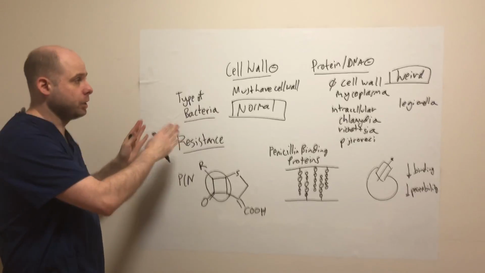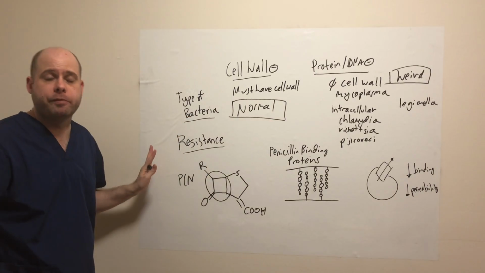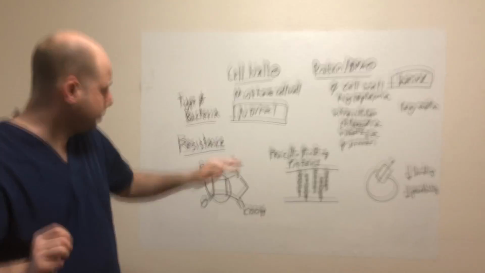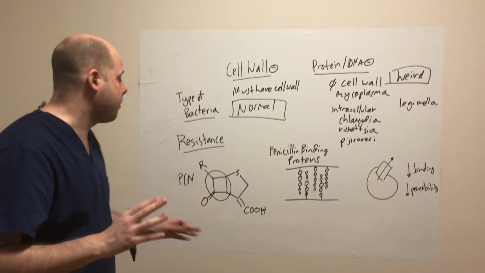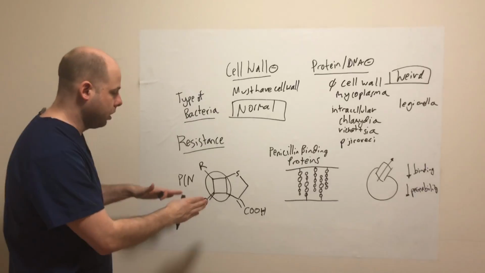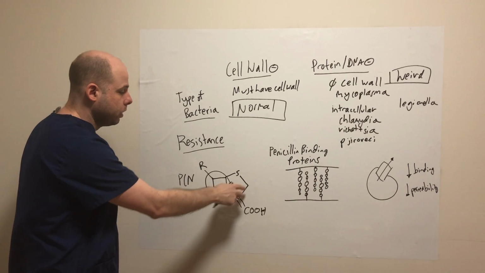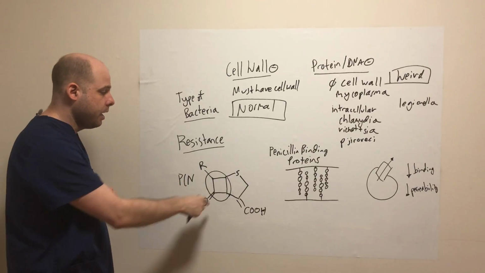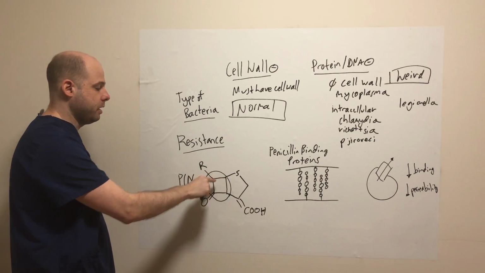So type of bacteria is one way to separate out these two classes of antibiotics, and then type of resistance is a second way of separating them out. For the cell wall inhibitors, many of the penicillins have a mechanism of resistance called beta-lactamases. If we look at the structure of a penicillin, we see two rings, and one of the rings is the beta-lactam ring, which I'm highlighting right here.